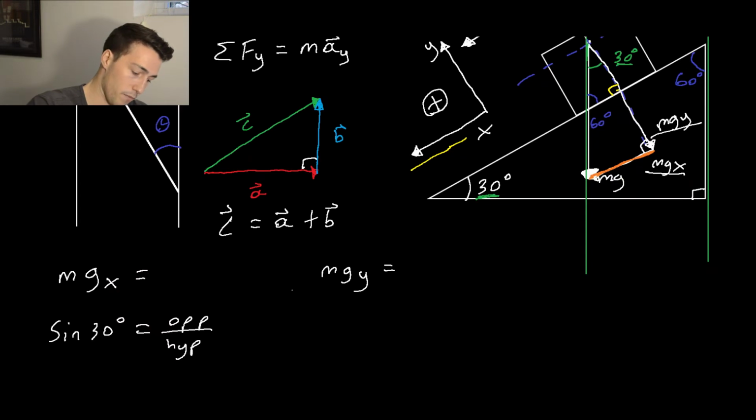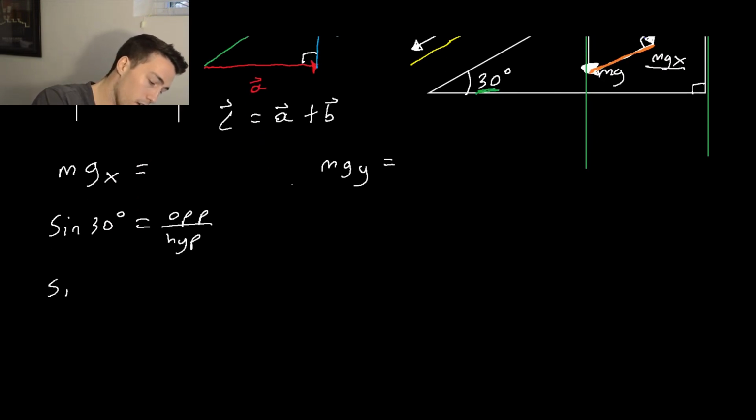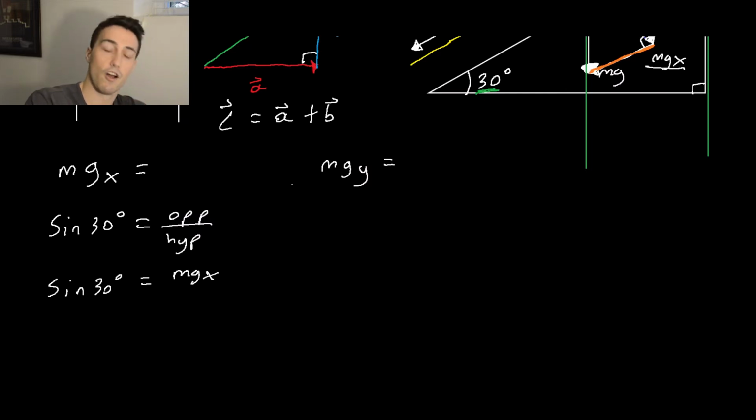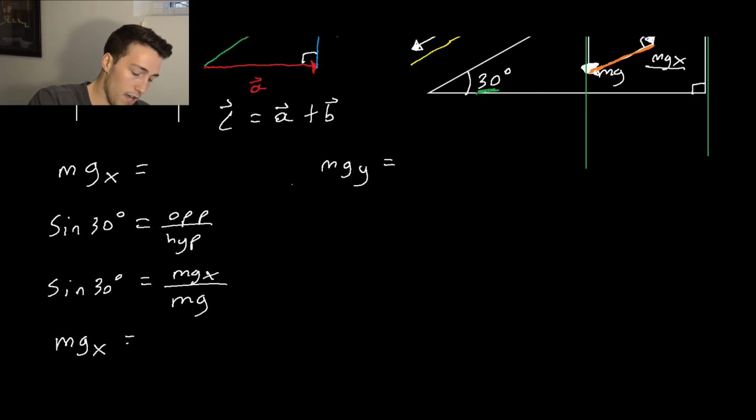So we can write sine of 30 is equal to mgx, our opposite side, over our hypotenuse, which is mg. Now if we solve for mgx, we will get mgx is equal to mg multiplied by sine of 30. So that's good.